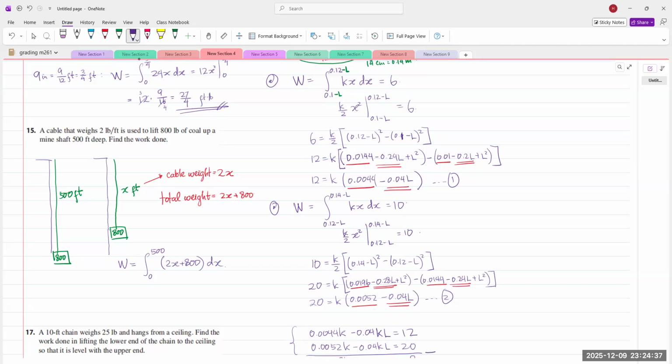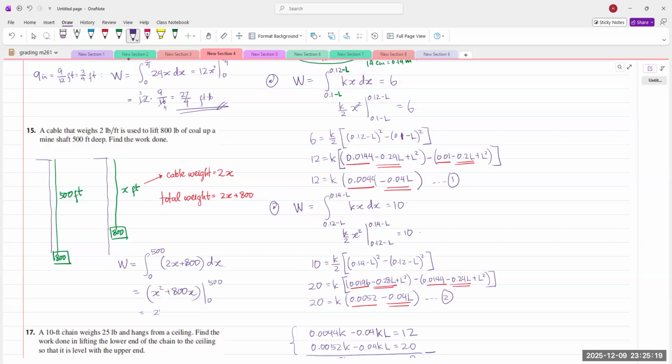Is it okay? So that's the total weight, multiplied by the infinitely small distance to travel, and you integrate from 0 to 500, because X is originally 500 and eventually becomes 0. You can think of that as going backward from 0 to 500. So this is X squared plus 800X from 0 to 500.